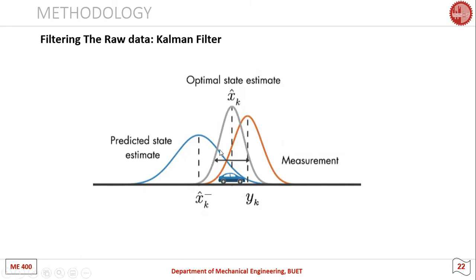By combining these two probability density functions, we get an optimal state estimate with a smaller covariance, which is shown in the gray line.